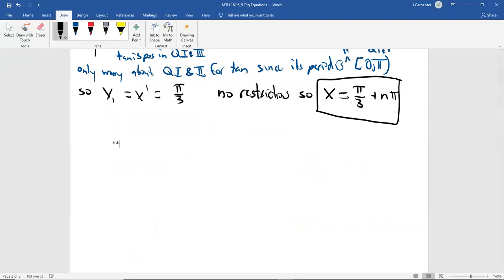So when inside is 2x or 3x, etc., a substitution is a great idea. In other words, you're going to say, let theta equal to, and then whatever the inside was. If it was 2x, let theta be 2x. If it was 3x, let theta be 3x.